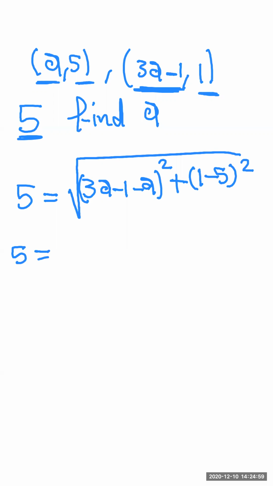So 5 will equal the square root of 3a minus 1 minus a, so 2a minus 1 squared, plus negative 4 squared.